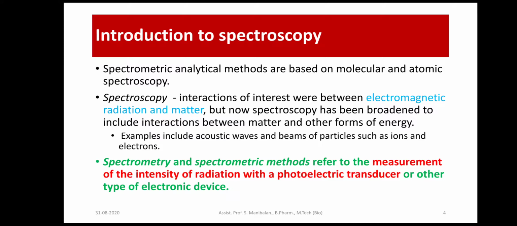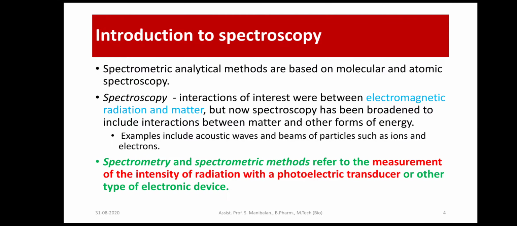By this way we can easily analyze how much is utilized by the sample. Okay, in between that, a photoelectric transducer is needed, because a transducer is a device which can convert one form of energy into another form of energy. Here we are going to convert photonic energy to electronic energy, right?